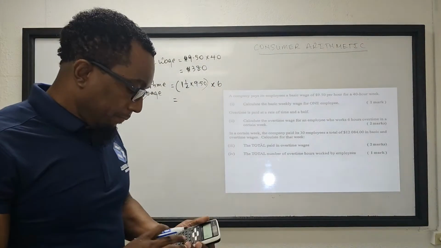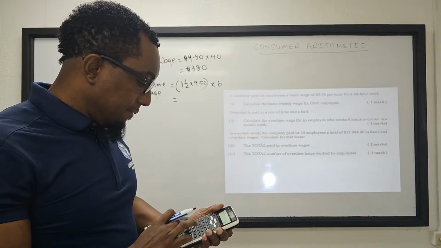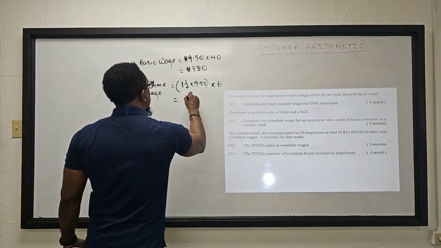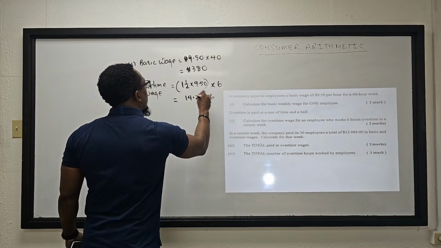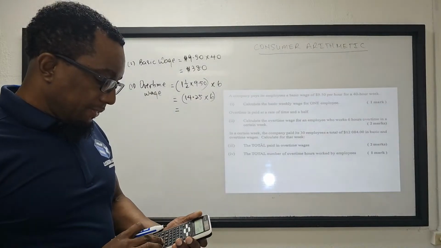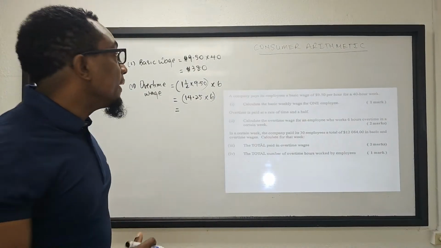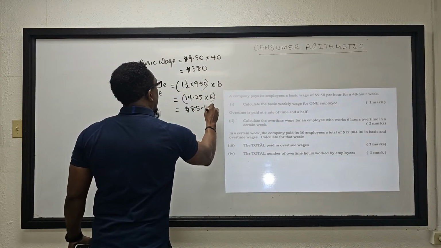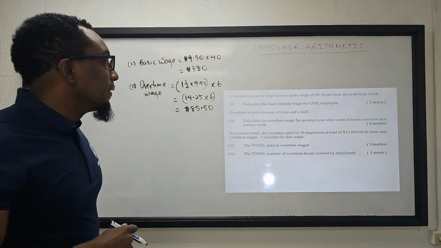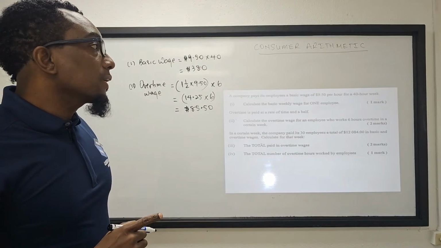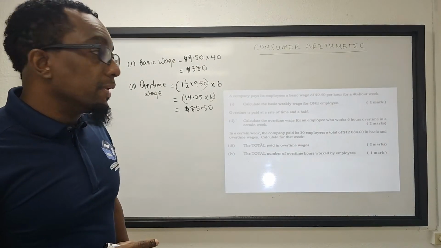So this will be 1.5 times 9.50, that's $14.25, times 6. And $14.25 times 6 will give us $85.50. Right? So that is the overtime wage for an employee who works 6 hours overtime in a certain week.